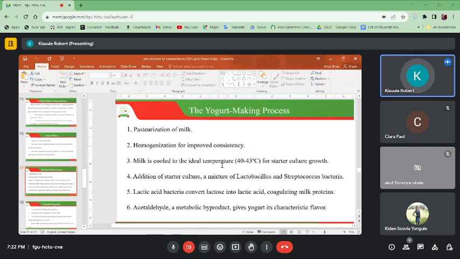This process starts the same way as the earlier cheese making, with pasteurization of milk. We are looking at pasteurization to kill the microorganisms that are there in milk, so that you can ably introduce the microorganisms of interest that will help you in fermentation, hence doing food product development and production at the end of the day.